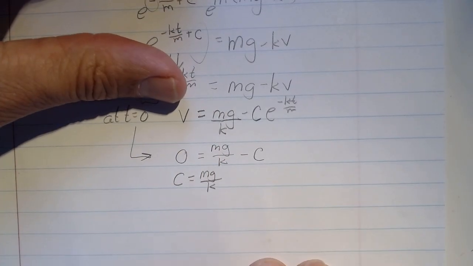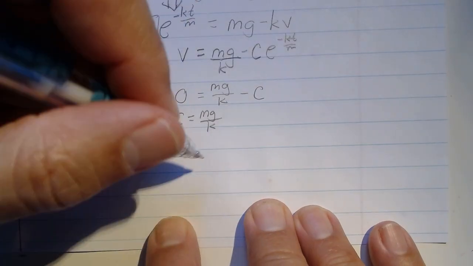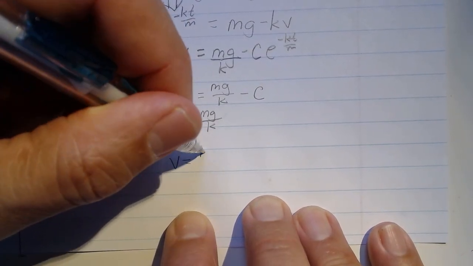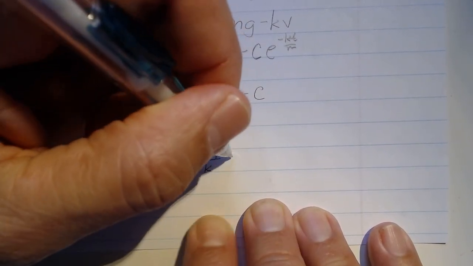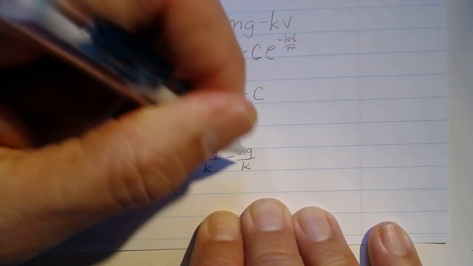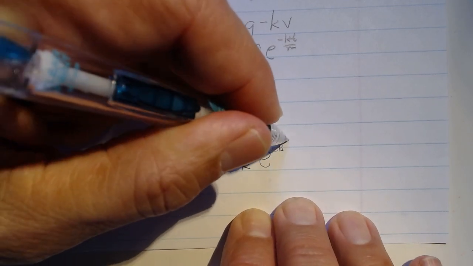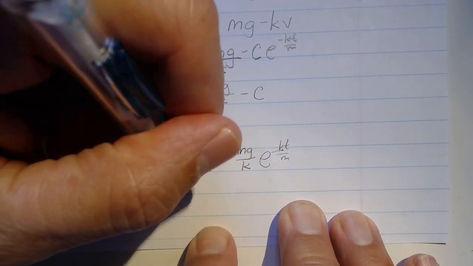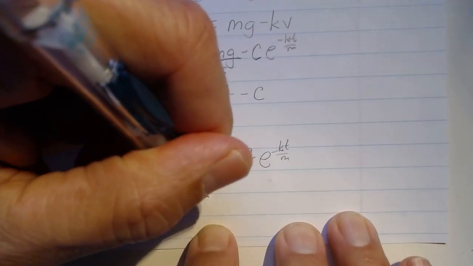So now my final form is going to be v equals mg over k minus mg over k, just plugging that in for my constant, times e to the negative kt over m. That ends up being mg over k times 1 minus e to the negative kt over m.